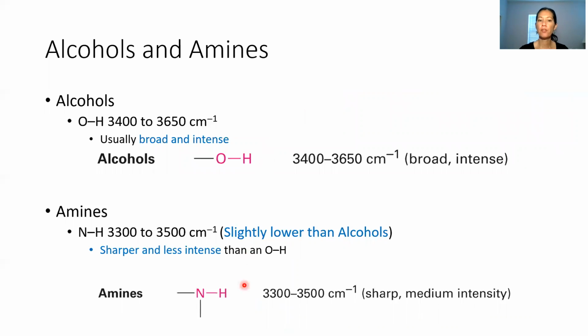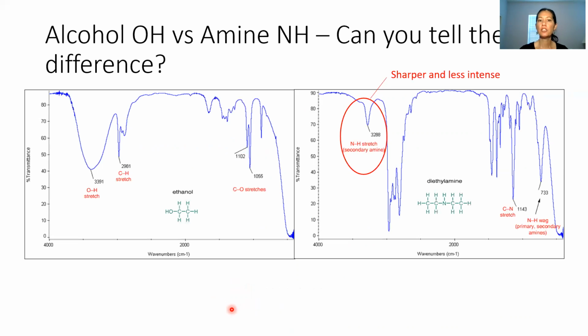Alcohols and amines are very distinct. They have very high wave numbers in the 3000s. The amines are slightly lower than the alcohols. I need to show you visually what this looks like. Can you tell the difference? You have this broad OH. We just saw that with ethanol, right? And here, same again with ethanol, broad and strong. Look at the amine NH.